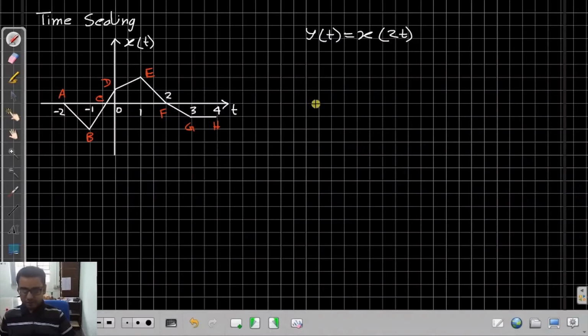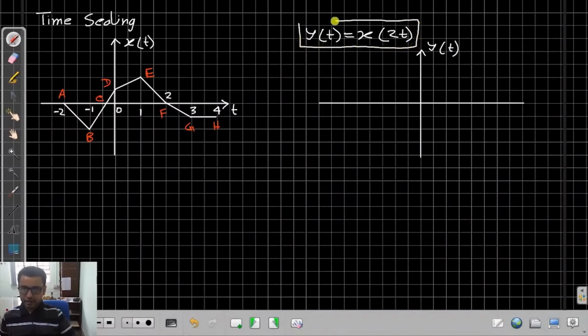Let us find that out. So we are going to plot y of t, which is defined to be x of 2t.